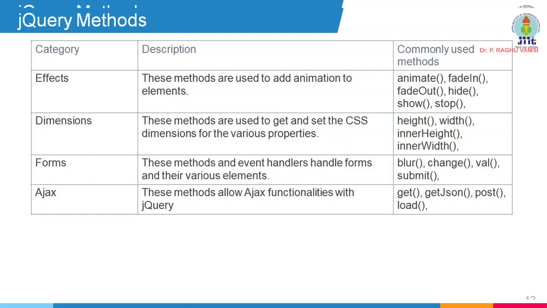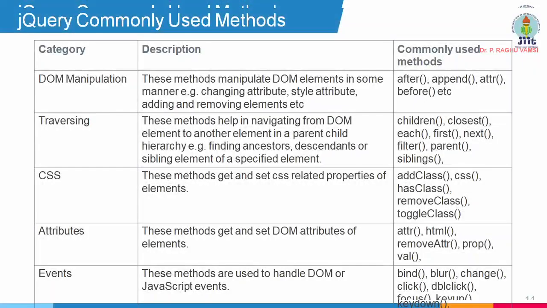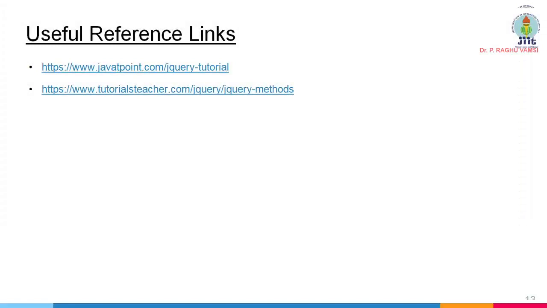Coming to AJAX, these methods allow AJAX functionalities with jQuery; getJSON, post, load are the various functions that can be used. So these are the methods generally used in jQuery. This is only the introductory part. There are many other methods that you may refer to in the references provided here, and this entire lecture's slides were also developed using these references.